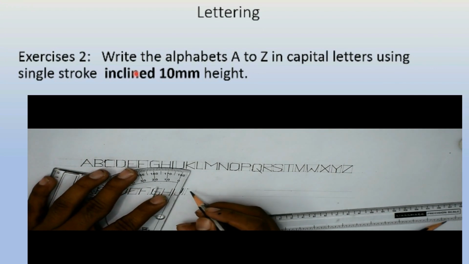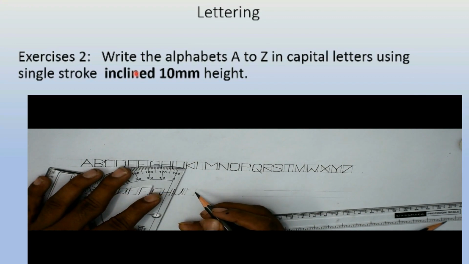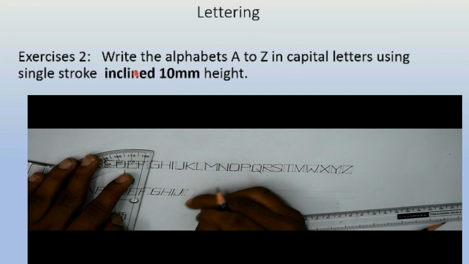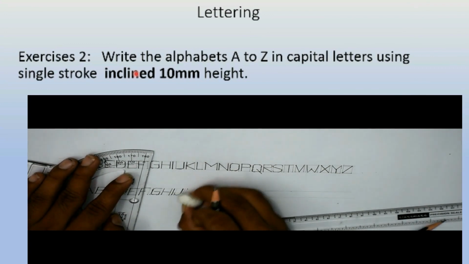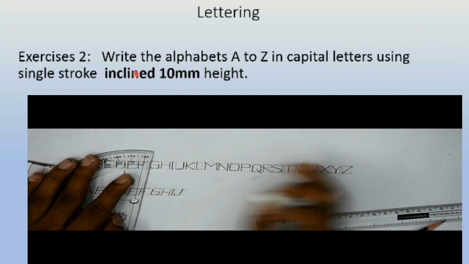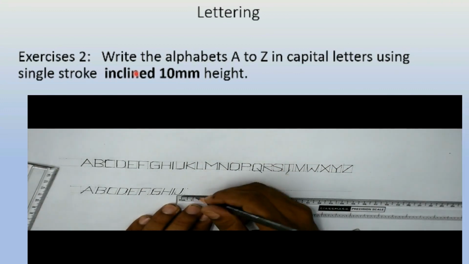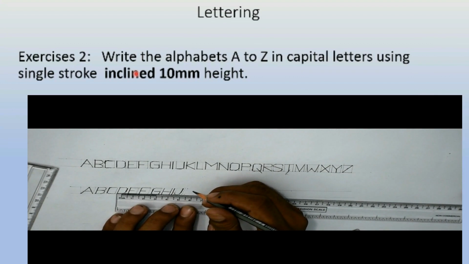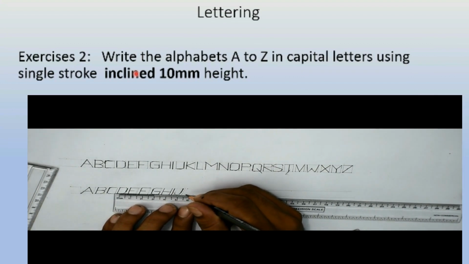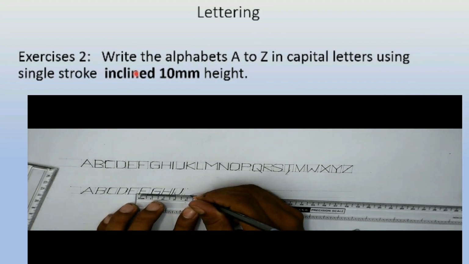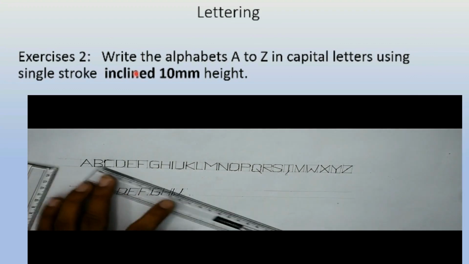And sorry, I shouldn't have taken. Yeah, sorry. So 7 mm width would come actually from this point itself. So this is 2 mm gap and 7 mm here.